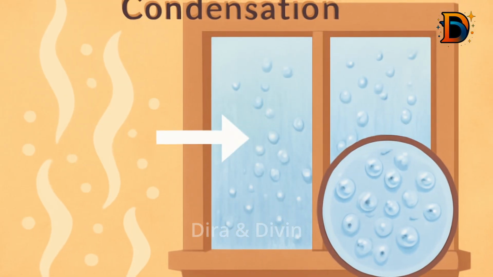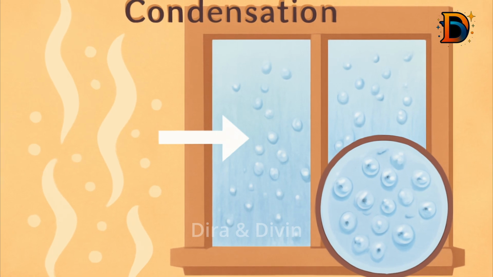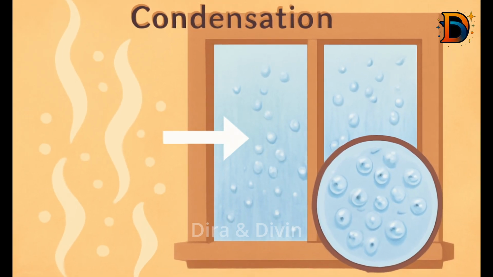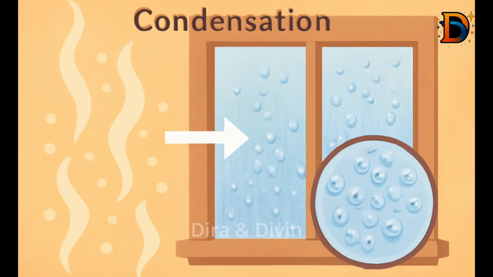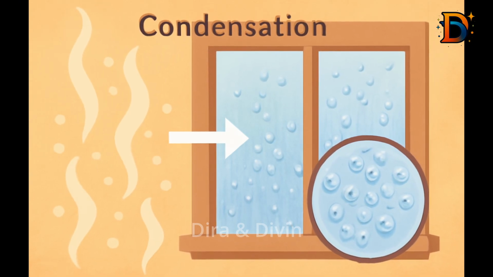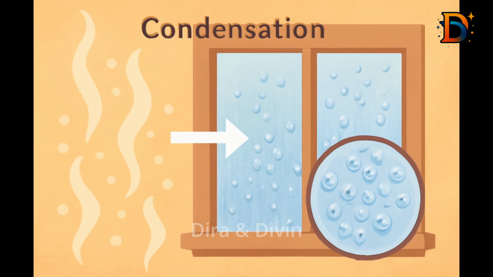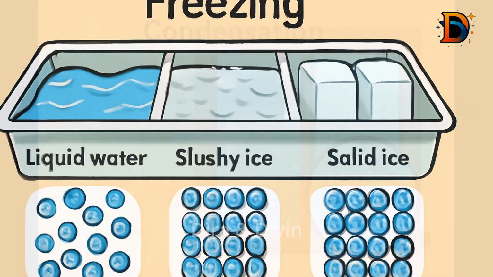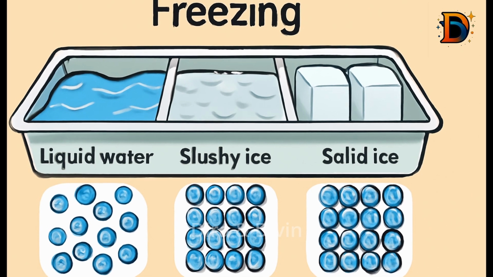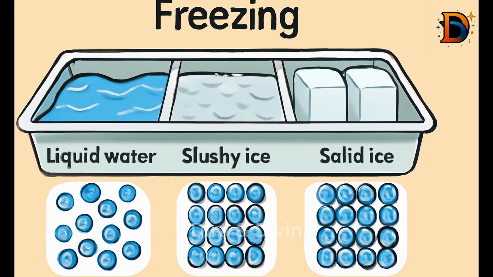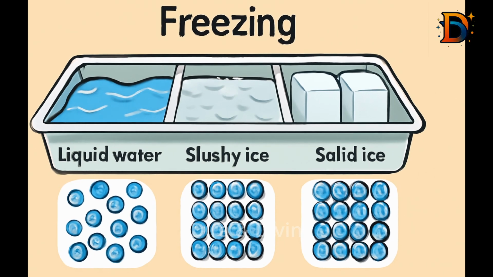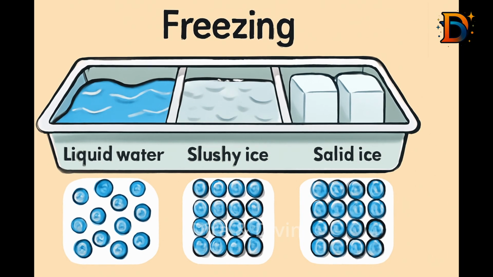When you cool a gas, it can turn back into liquid, like when steam turns into water drops on a cold window. When you cool a liquid, it freezes into a solid, like making ice cubes in the freezer.